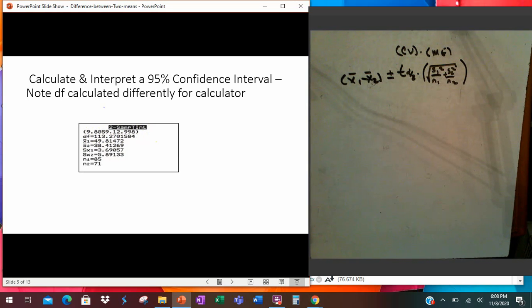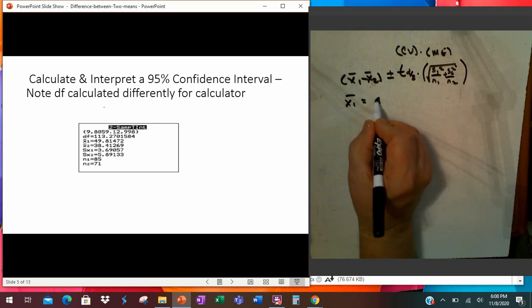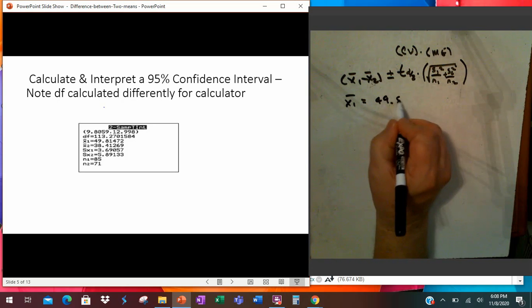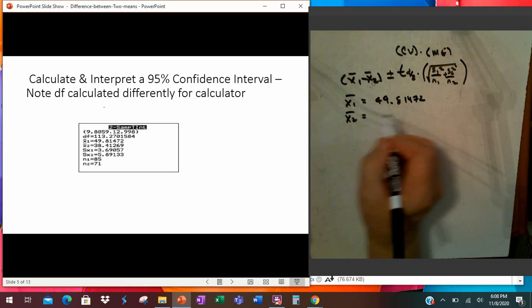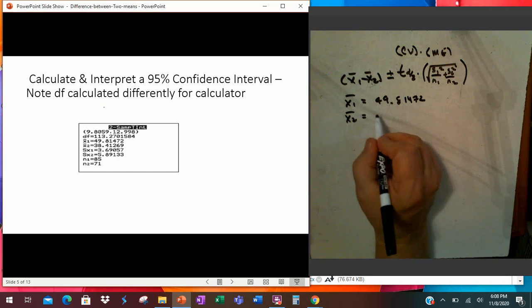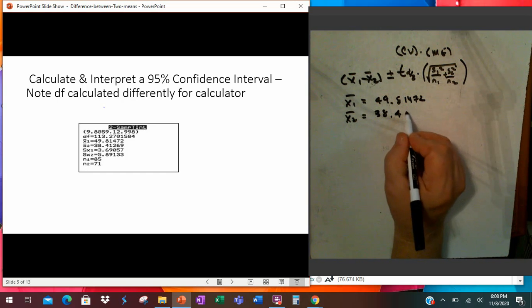So I'm just going to use their x1 bar. That's going to be 49.81472. Our x2 bar would be 38.41269.